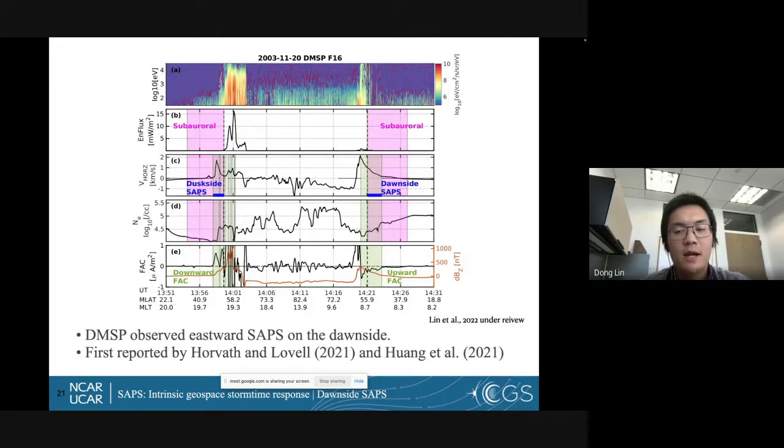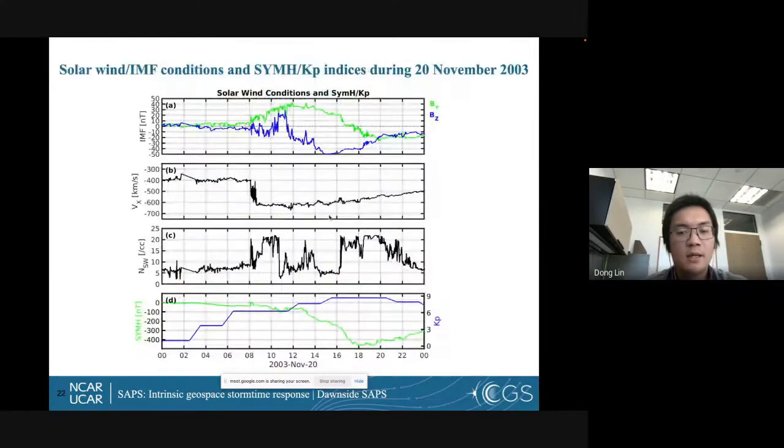So basically that implies the electric field is equatorward rather than poleward. And it also corresponds to a region 2 field and current, which is upward rather than downward. So here we are using the IMAGE model and observations trying to figure out what was going on and what causes the dawn side SAPS.